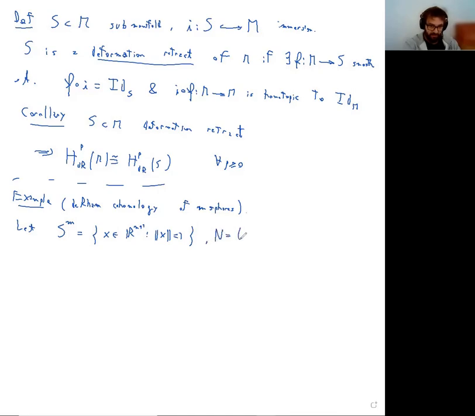And we take N the north pole of the sphere, so just the point 1 and then all zeros, and S the south pole, so -1 and then all zeros. Okay. And then we take U to be the sphere minus the north pole, and V to be the sphere minus the south pole.